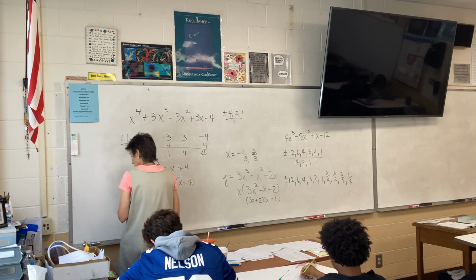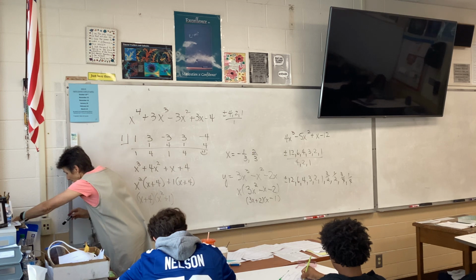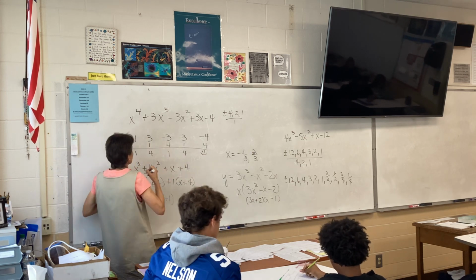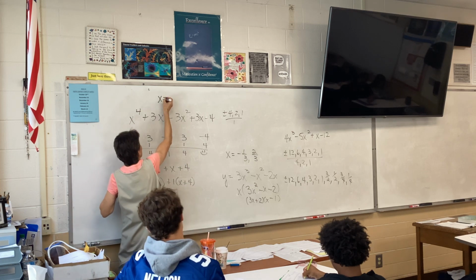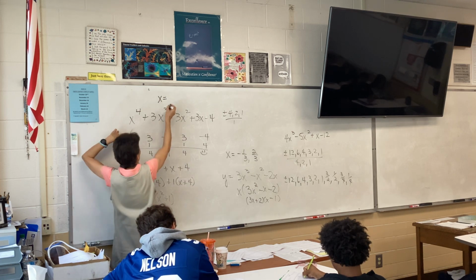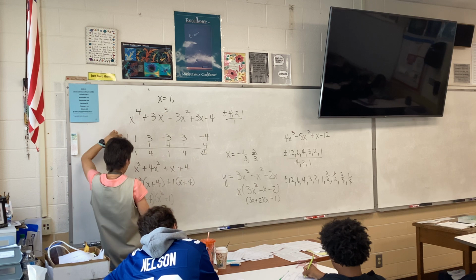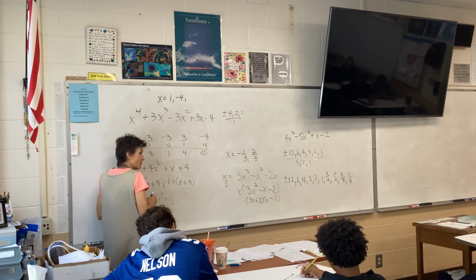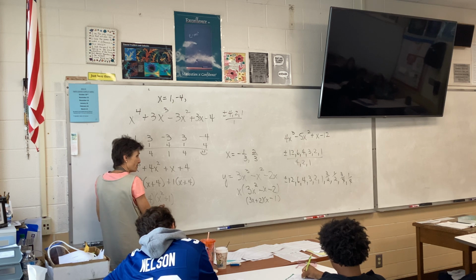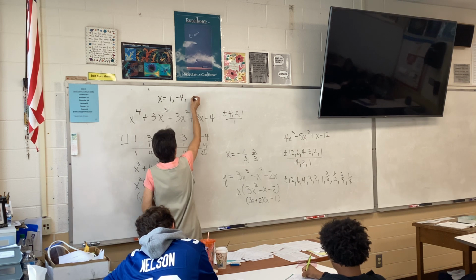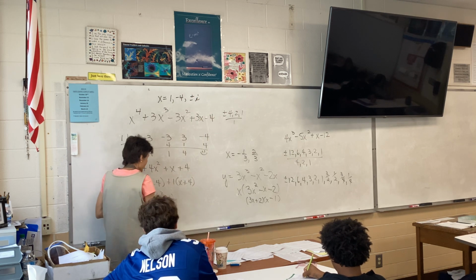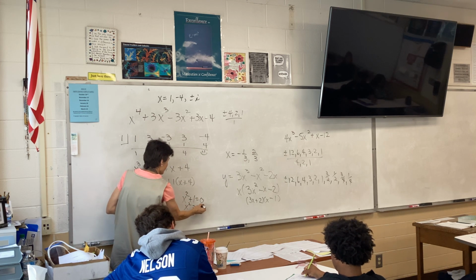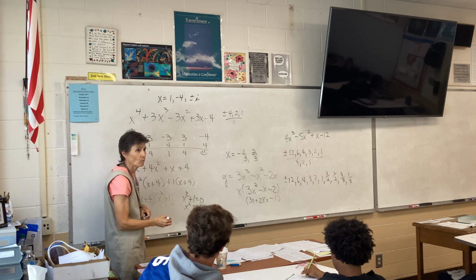So I need to make a list of my zeros. It said, find the zeros. So what have I got? What are my zeros going to be? 1, you guys guessed that one. And then we've got -4. And then we've got plus or minus i, because if you solve this factor, don't you get the square root of negative 1?